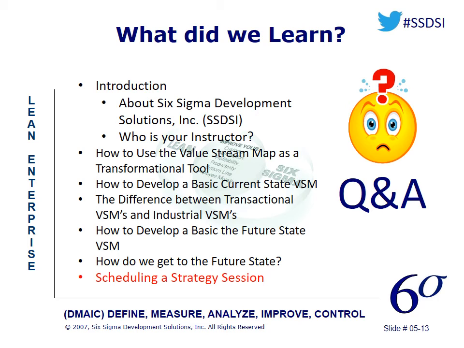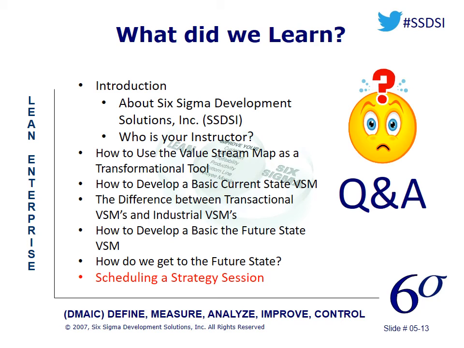We taught you how to use the value stream map as a transformational tool. Now, let me tell you that we've only shown you how to do this at a high level. The value stream map is one of the most important concepts that we teach in our Lean Agent class.